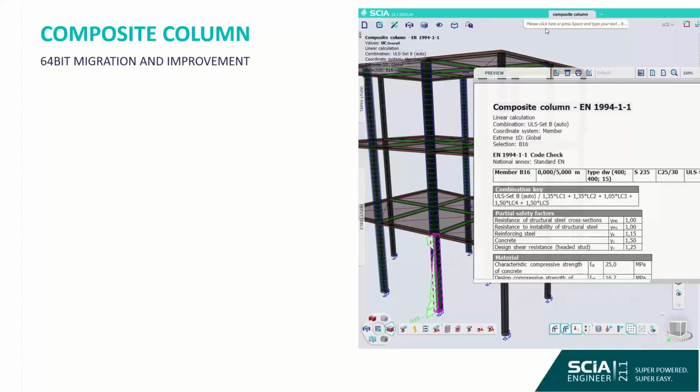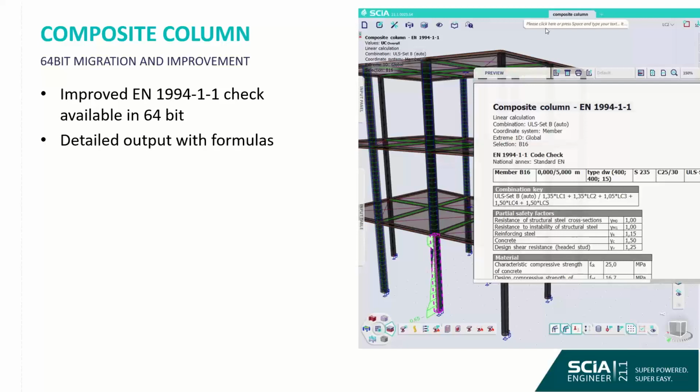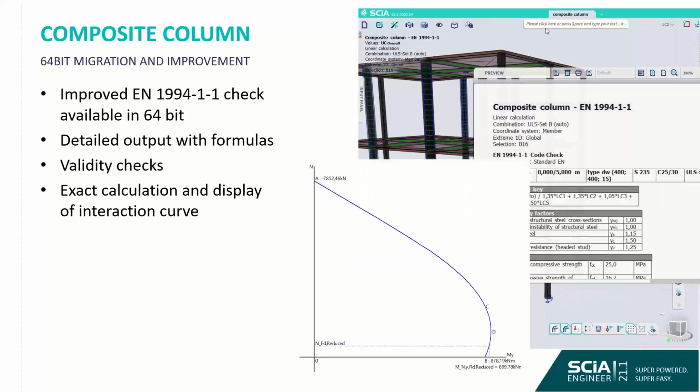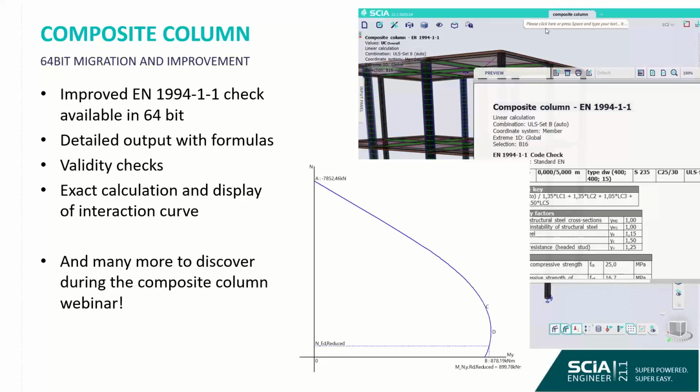So it can be either a tube filled with concrete or a concrete section with I or H beam, and in SCIA Engineer this is now available in 64-bit version, and it was also improved because now this check allows to see detailed output with formulas, check different validity of the design, and also to exactly calculate the interaction curve for such a column.